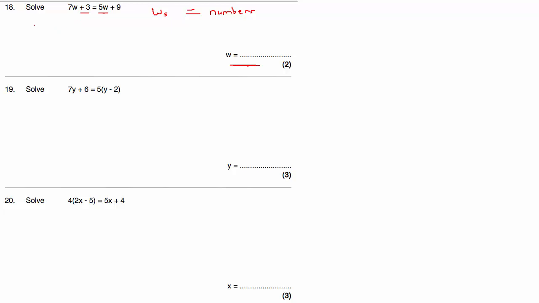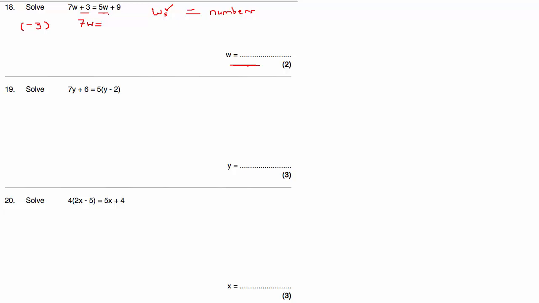So perhaps if we start with the +3, now to get rid of that from the left hand side, we would need to subtract 3. So we're going to subtract 3 from the left hand side, leaving us with 7W. Okay, so that's the left-hand side sorted out, W's on the left, but we've took 3 off the left-hand side.